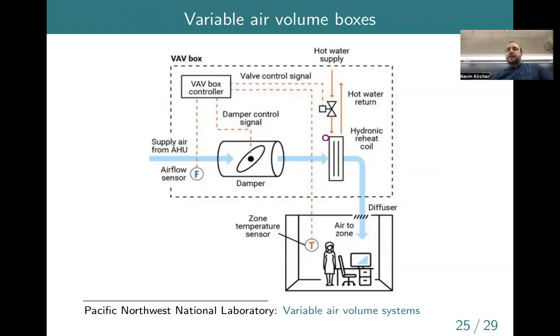Sometimes buildings will have electric resistance here instead of hot water, but usually you can get more efficiency with a water system. And then you may reheat the air a little bit and blow it into the space. Oh, and this is called a diffuser or sometimes a register. That's about it. Not a lot happening inside of here, but you have control over both flow and temperature from these 2 devices and the control system.